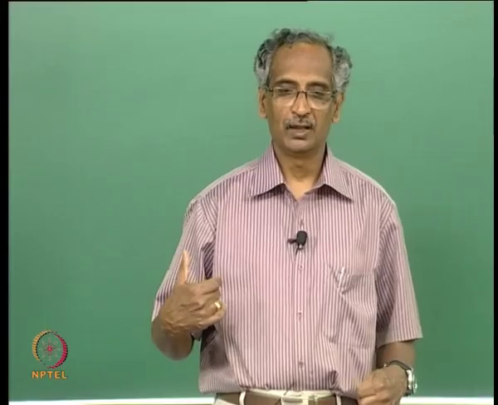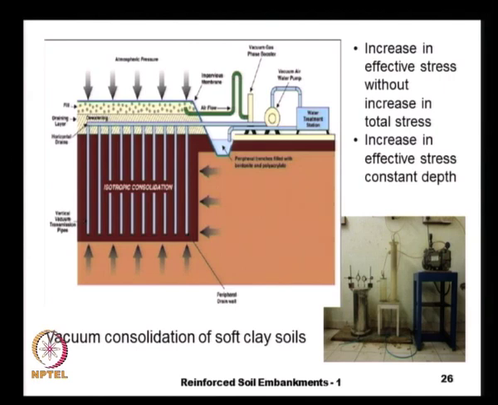Basically we are removing the atmospheric pressure from inside this volume of soil, and the atmospheric pressure starts acting. The main advantage here is we achieve the increase in the effective stress to drive our consolidation without any increase in the total stress.